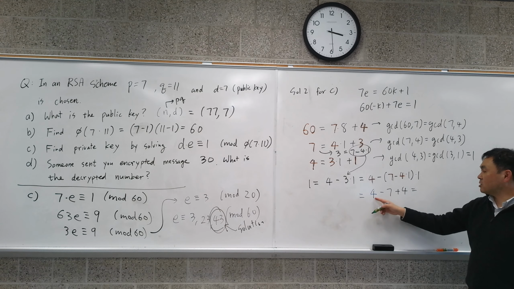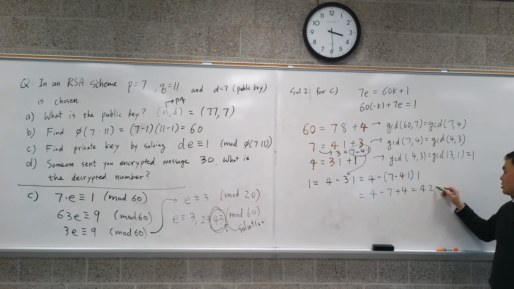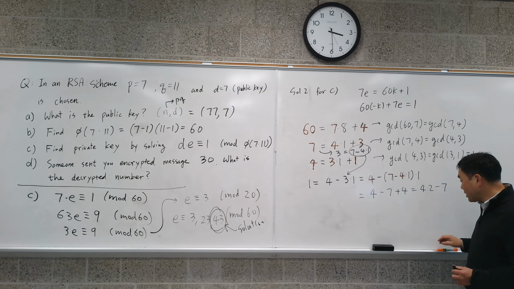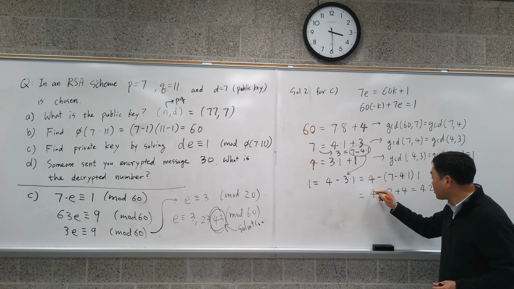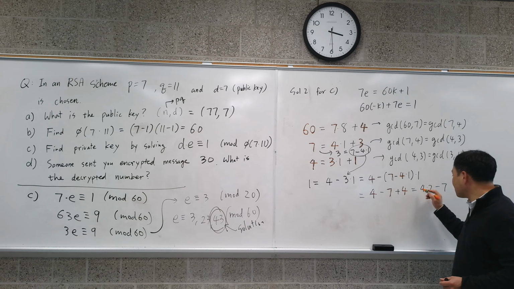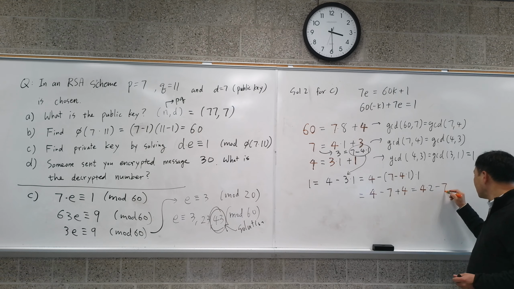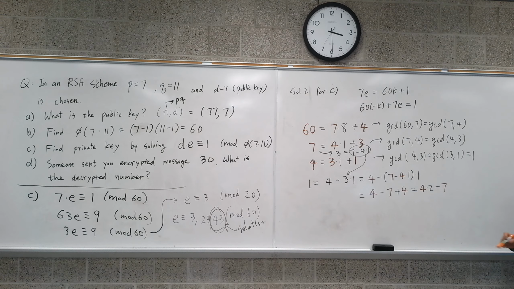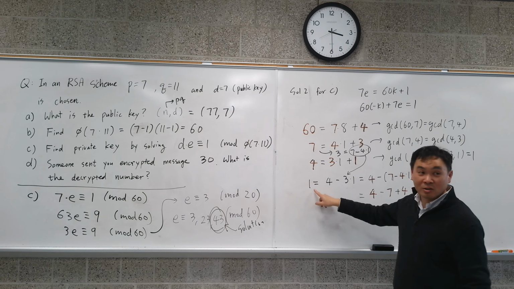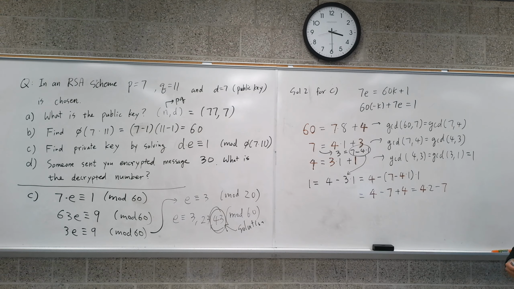And this means it's 4 times 2 minus 7. Is that okay? So 4 and 7 must not be destroyed because we're trying so hard to get to the bottom of this to see how to use the combination of 60 and 7 to get a 1, right?